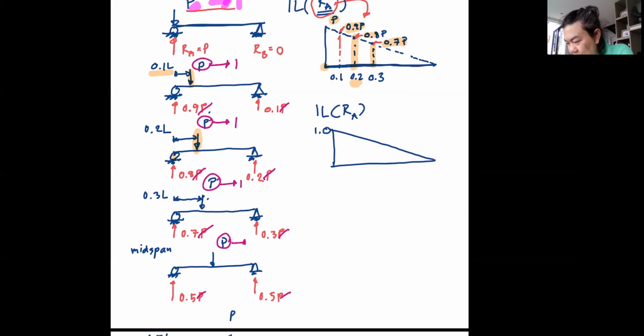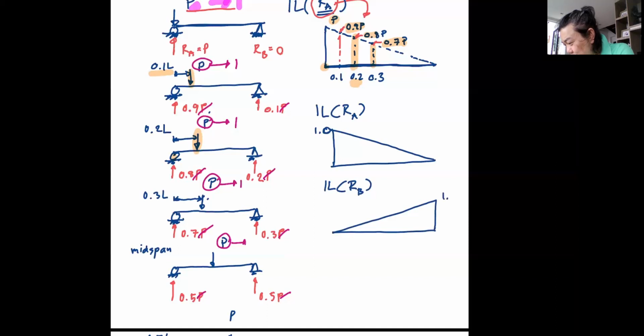So here is 1. I can do the same, instead of plotting the values of RA, I can also plot the values of RB. And you can see the influence line of RB will be just the opposite of the influence line of RA. That value is also equal to 1.